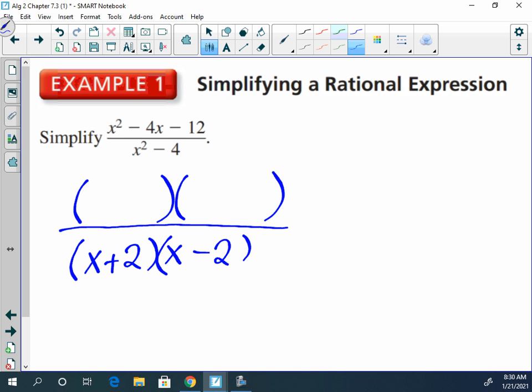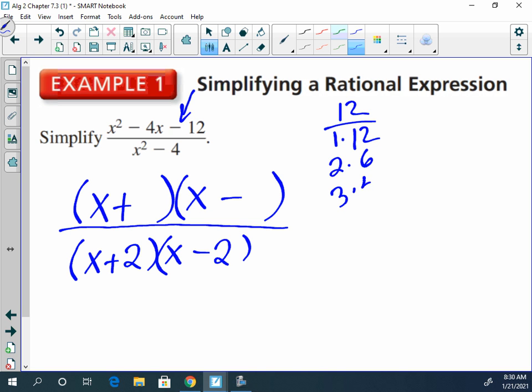Okay, well, let's look at this here. So the numerator, well, the 12 is negative, so our signs are what? Positive, negative. Factors of x squared are x and x. Okay, let's look at factors of 12. 1 and 12, 2 and 6. Okay, is there one of those sets of factors that you hope would work? 2 and 6, yes?